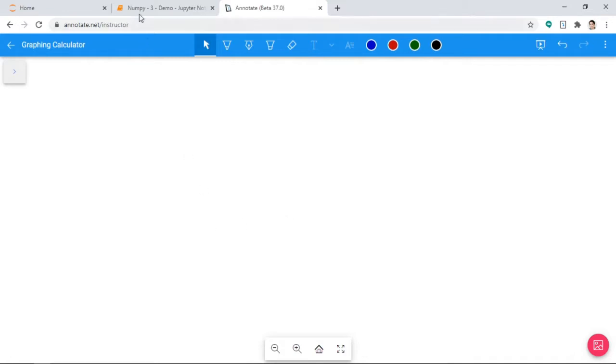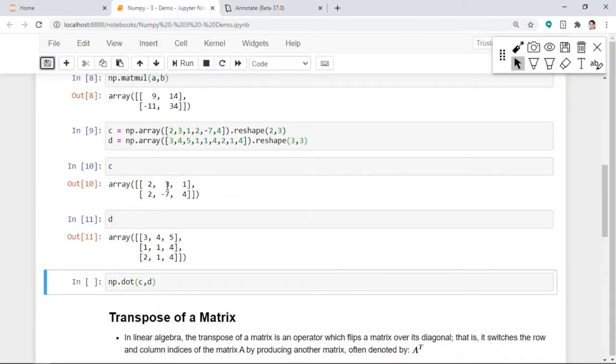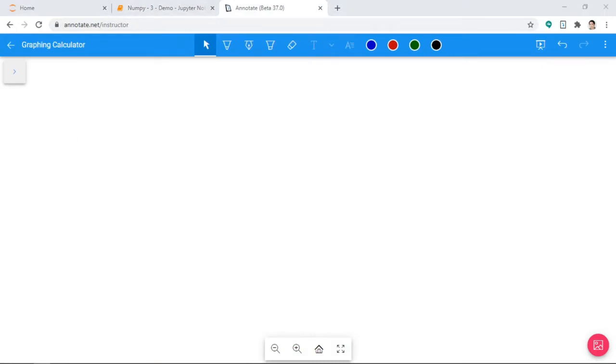So we have the following values. Let's denote this as C. We have array C, which is 2, 3, 1, 2, -7, then 4.